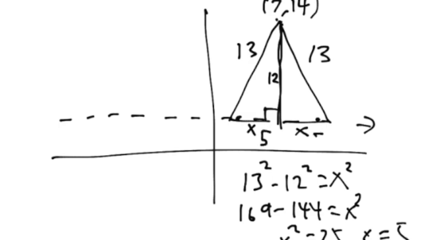So if we know both of these are 5, then we can just subtract 5 and add 5 to 7, because this is the point 7, 2. So this would be 2, 2, and this one would be 12, 2. And those are our 2 coordinates.